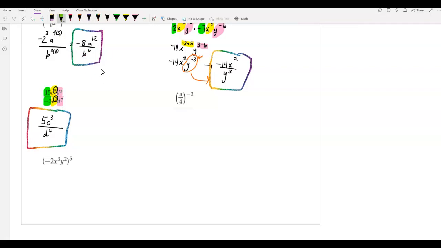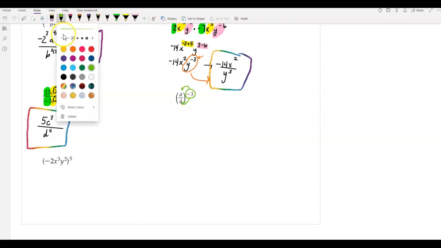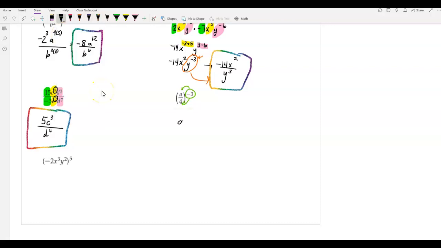We have a power outside parentheses, which means we need to distribute that power to everything inside. Negative 3, and 4. When that happens, we get a to the negative 3 over 4 to the negative 3.